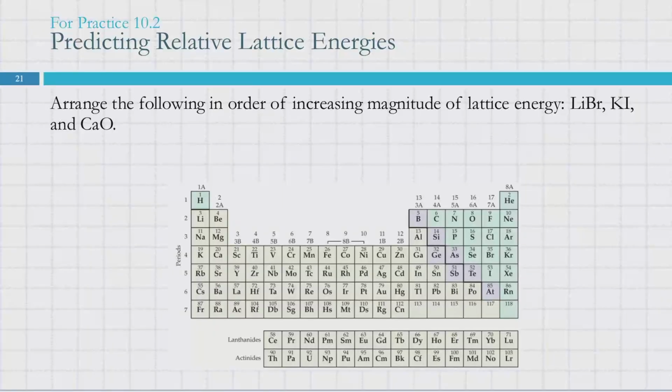What are the two factors that affect lattice energy? Charge and radius. And radius is basically ionic size.